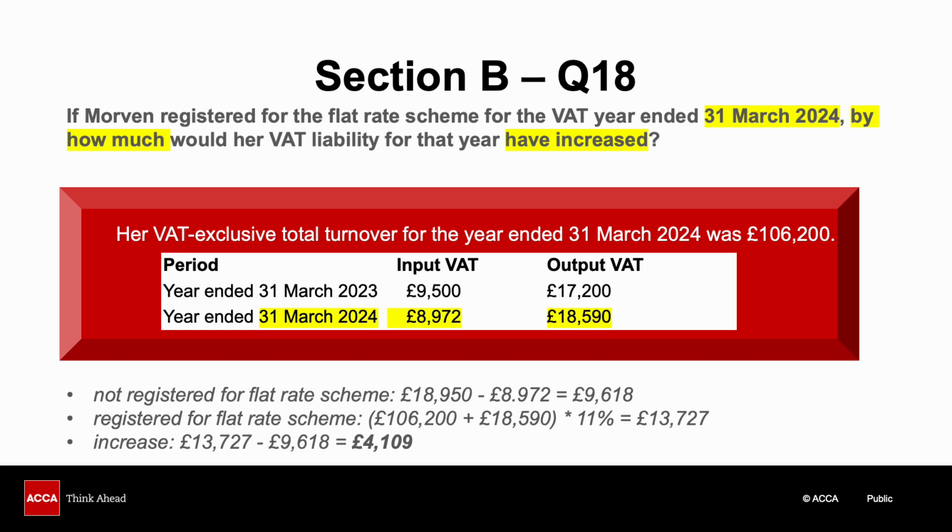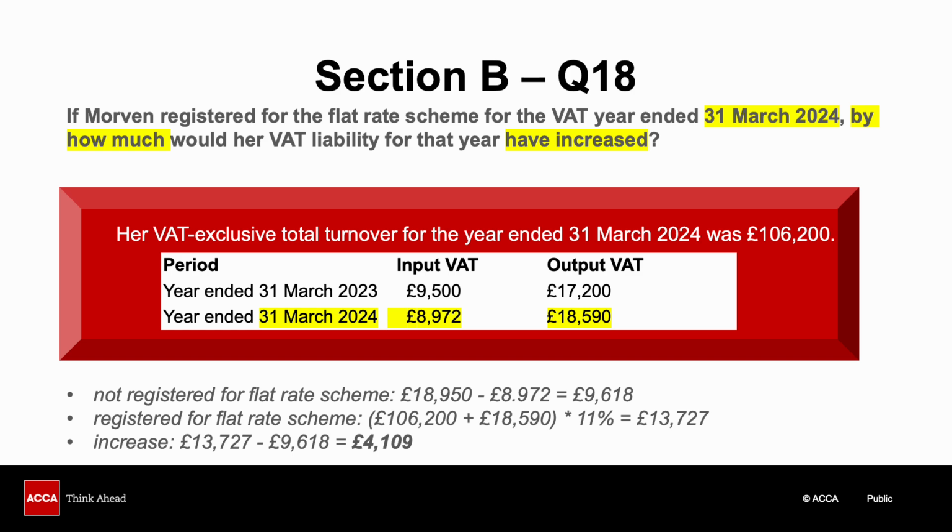For the year ended 31st March 2024, the output, so remember your turnover is the income you're getting from your sales, so what output VAT have you charged on your sales? You've charged £18,590. So that is the VAT on your turnover. So if you take your 106,200 and add on that 18,590 of output VAT, that gives you the VAT inclusive total turnover for the period.